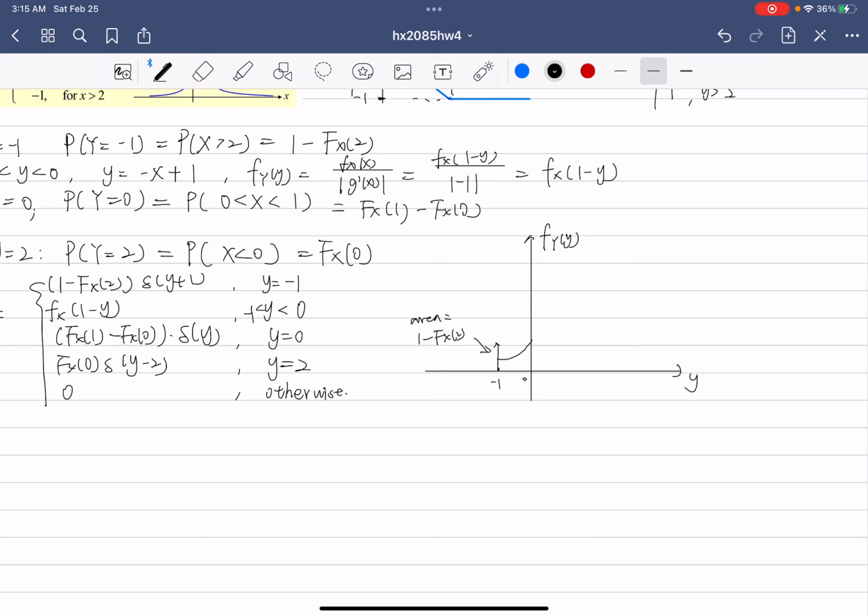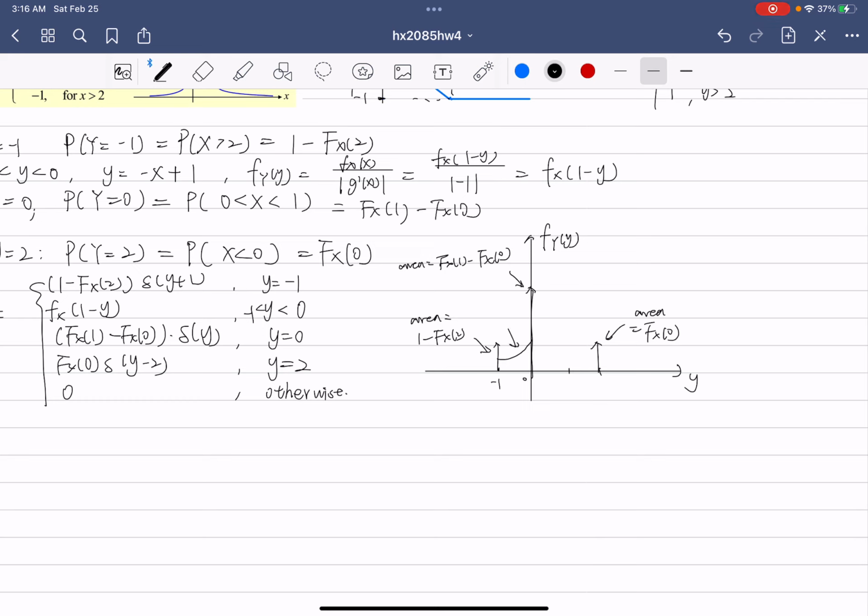And when y equals 0, this area will be F_X(1) minus F_X(0). And when y equals 2, this area will be F_X(0).